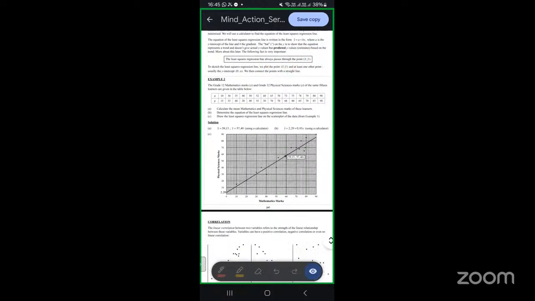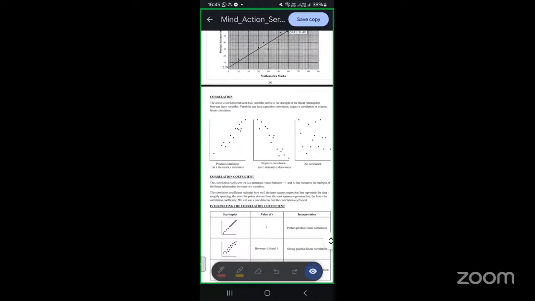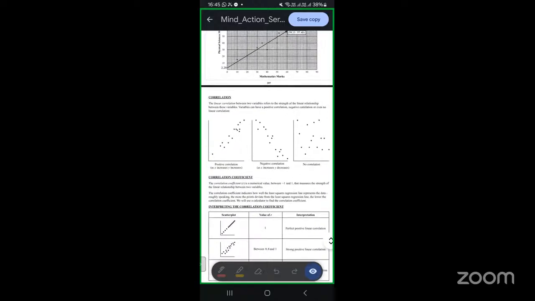Now we can go to correlation. The linear correlation between two variables refers to the strength of the linear relationship between these variables. Variables can have a positive correlation, negative correlation, or no linear correlation.